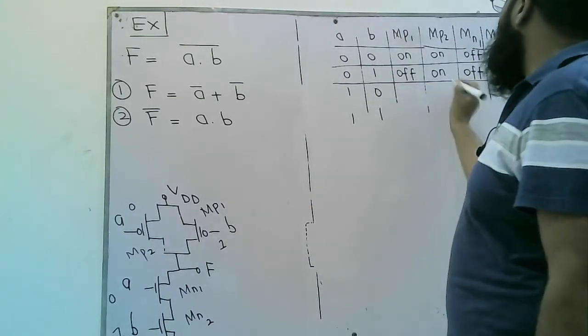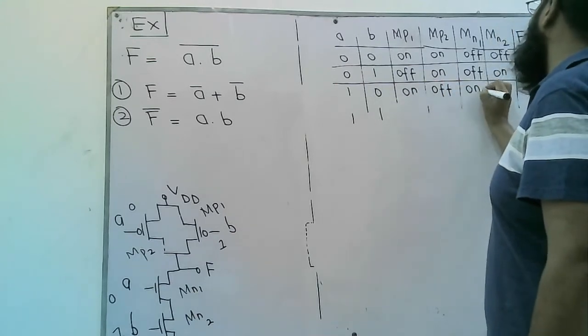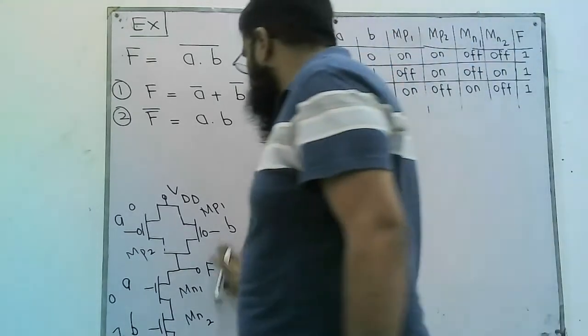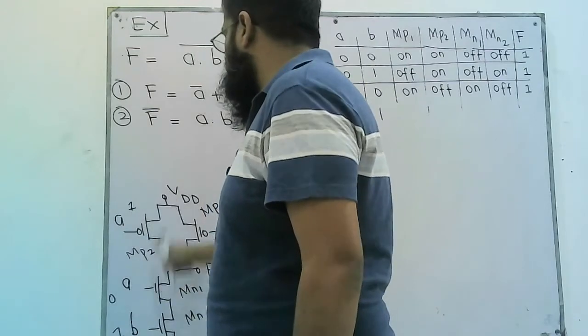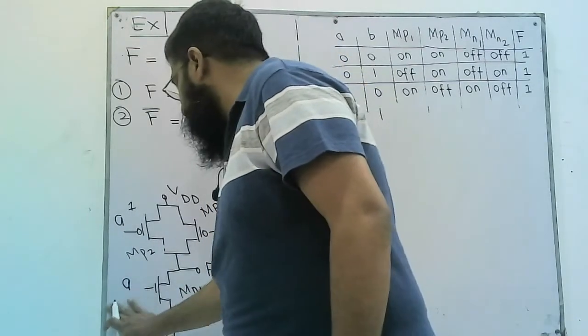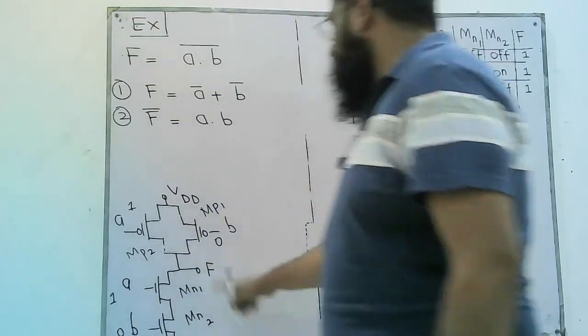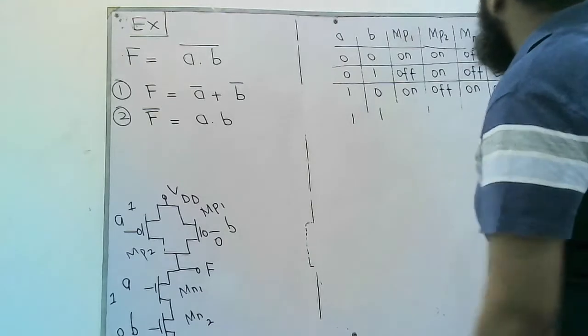For 1, 0, that will be the opposite of what we had at 0, 1. This transistor MP2 will be on, and the output would be logic 1. The output cannot be logic 0 because MN2 is off.